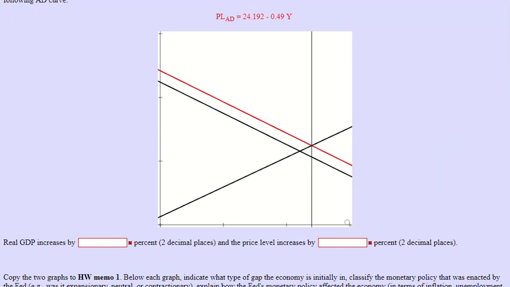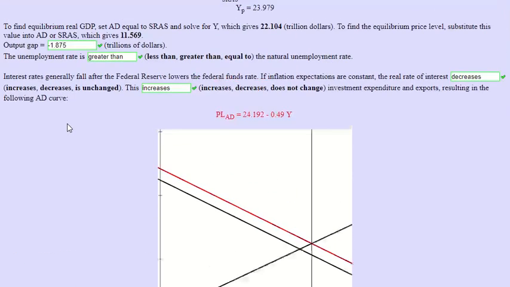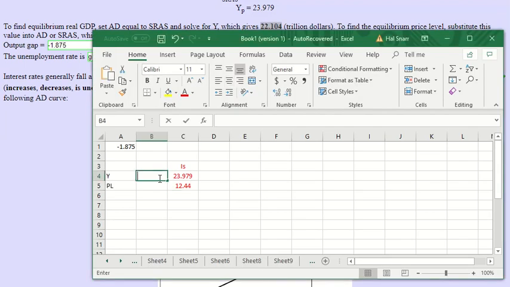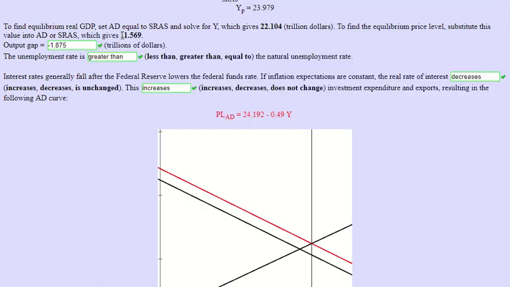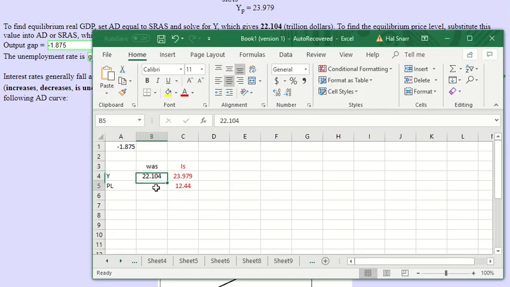Real GDP did increase, right? We need what the GDP was. GDP was 22.104. The price level was 11.569. Right?